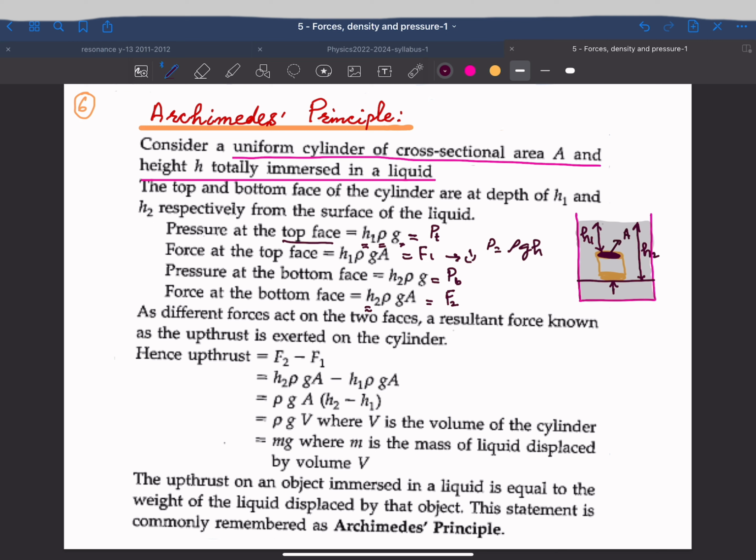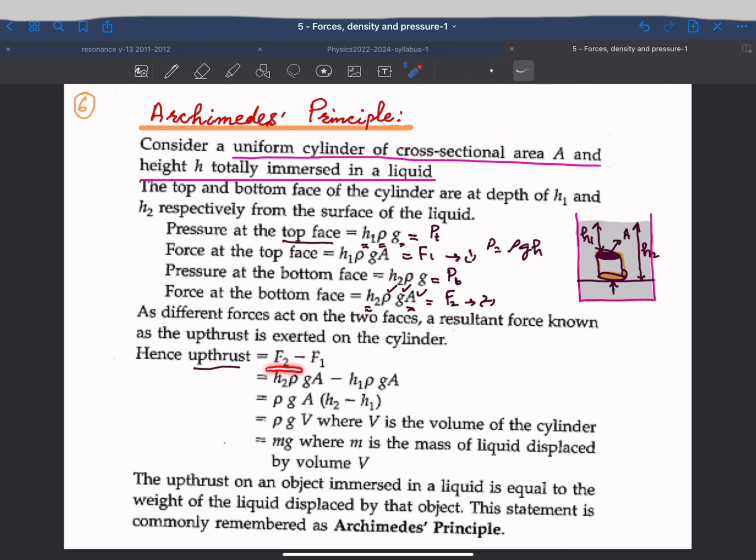Area is the same here, and both these areas above and below are same. So area is constant, density is constant, G is constant, only the height is different. Because of this height the force will change or increase. So you can simply say that upthrust is the difference of these two forces.